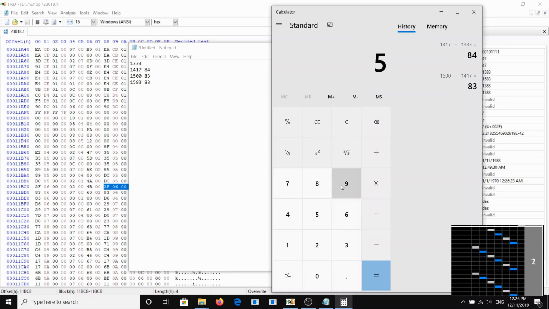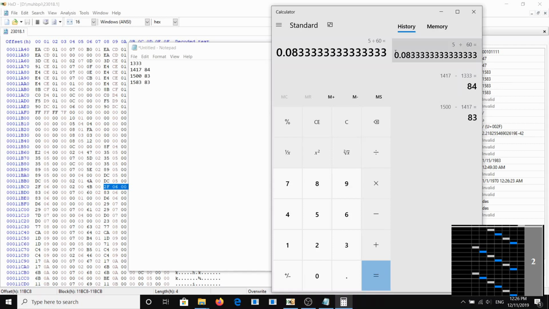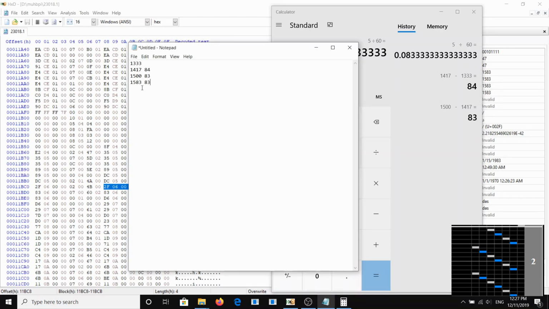That is because if we do 5 divided by 60, we get 0.08333333 repeating, right? So in the game's chart files, it has to offset this difference. The tick sizes don't allow that to happen, so the game has to do its best by adding 1 every 2 notes. So it should go 84, right? 83, 83, then this should be 84. And then 83, 83, then 84. So it's going to keep repeating like this for as long as the 16th notes last.